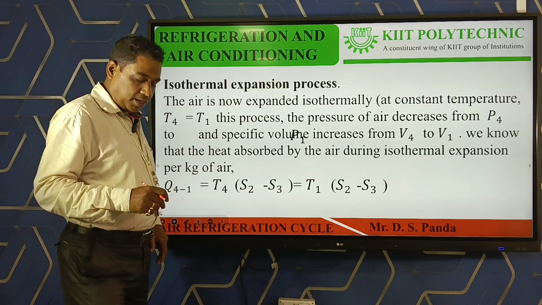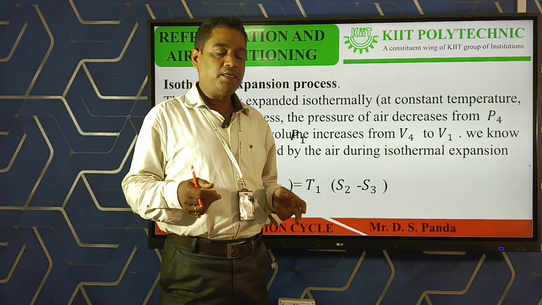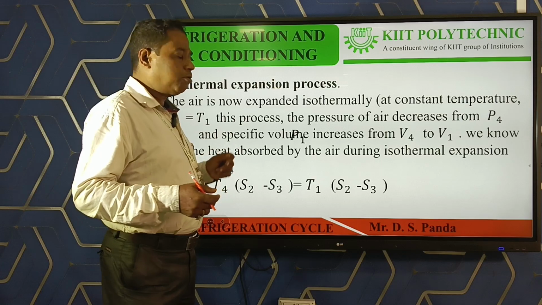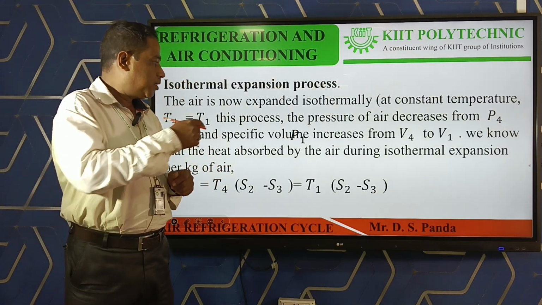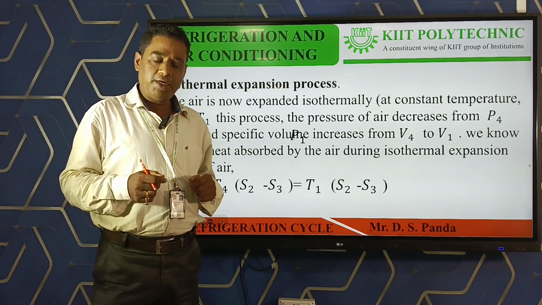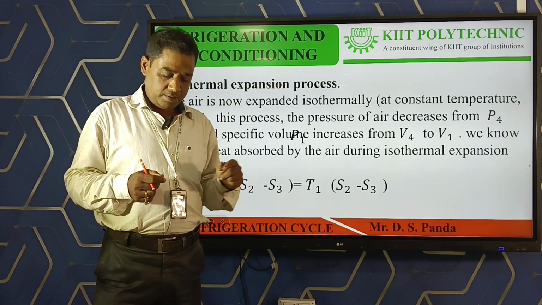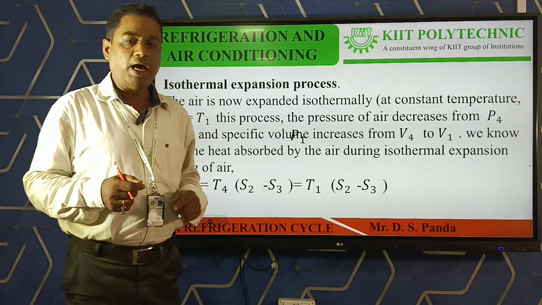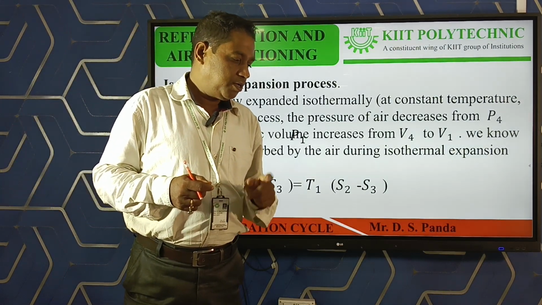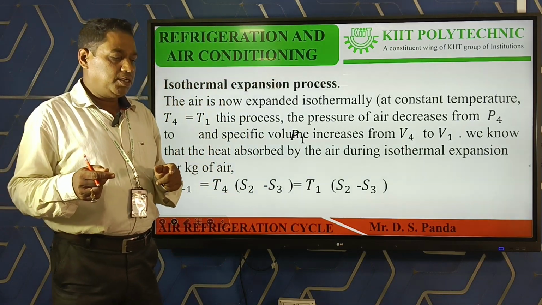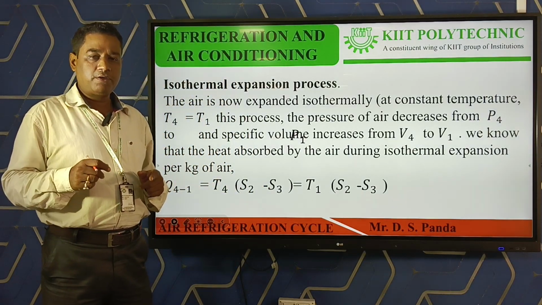And the next process is isothermal expansion, 4 to 1 as shown in the PV and TS diagrams. The 4 to 1 process is isothermal expansion, and it is done through the evaporator.